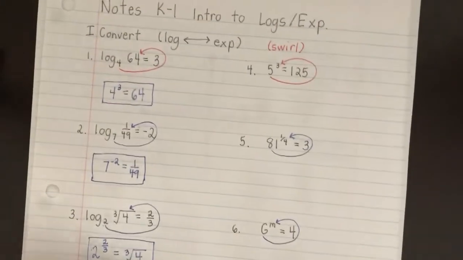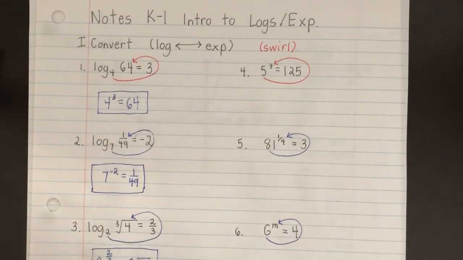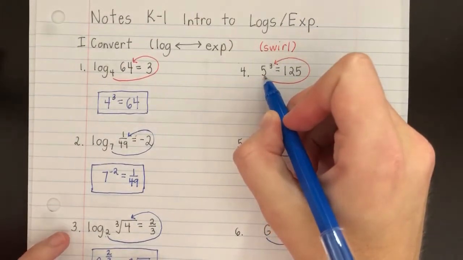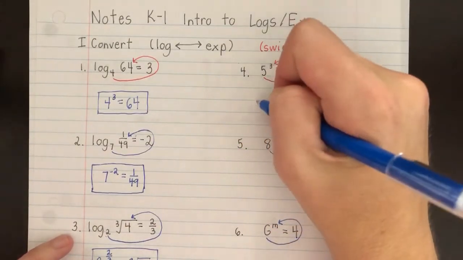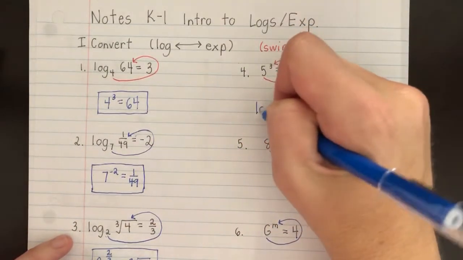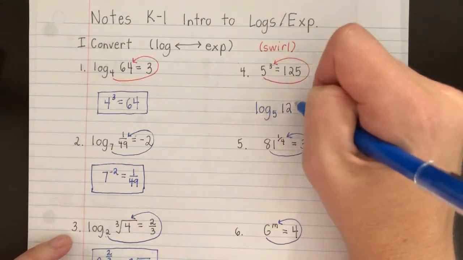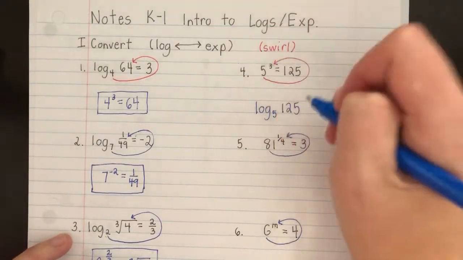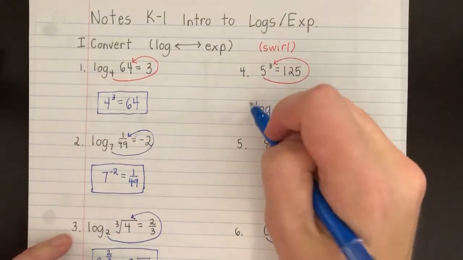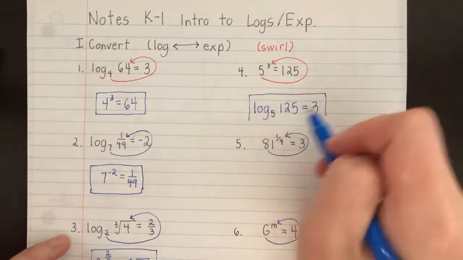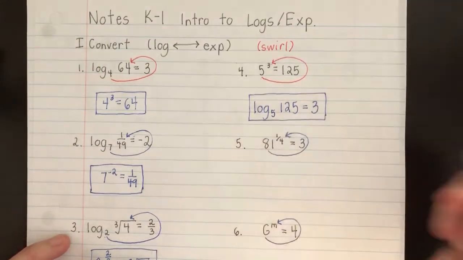All right, so now let's go from exponential to log. So again, the base of our exponential will become the base of our log. So first write the word log. Log base 5 of 125 equals 3. That's where I end up. So log base 5 of 125 equals 3.